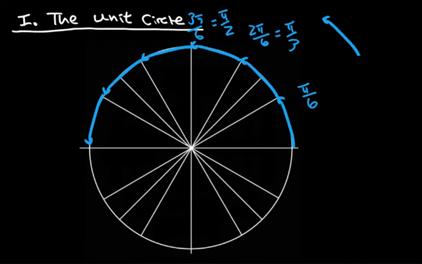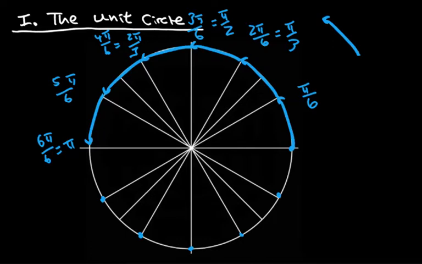So we get pi over 6, 2 pi over 6, which is pi over 3, 3 pi over 6, which is pi over 2, 4 pi over 6, which is 2 pi over 3, 5 pi over 6, and then 6 pi over 6, which is just pi, right? If we continue doing that, we'll get these all. So basically, again, everything except for the middle parts.